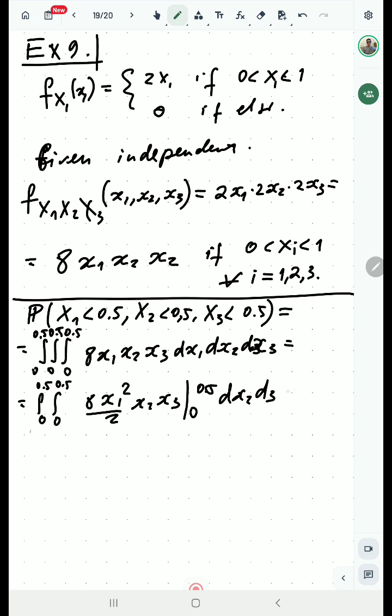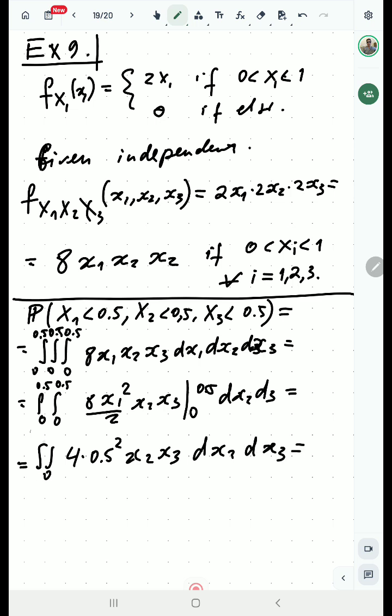Then you're going to receive 4 times 0.5, actually 4 times 0.5 squared, times x2 x3, and then I have to integrate with respect to x2 and x3.